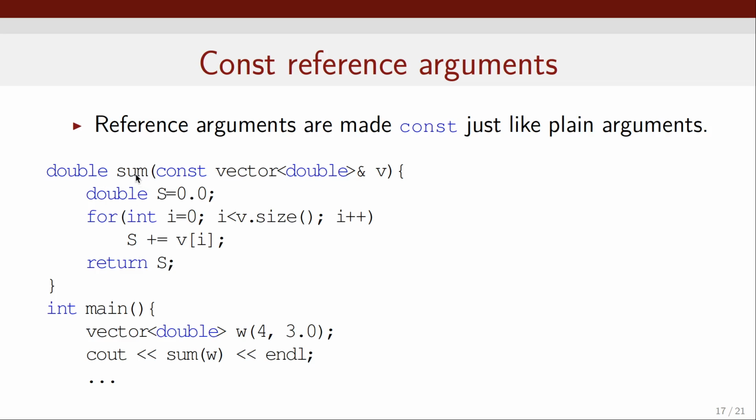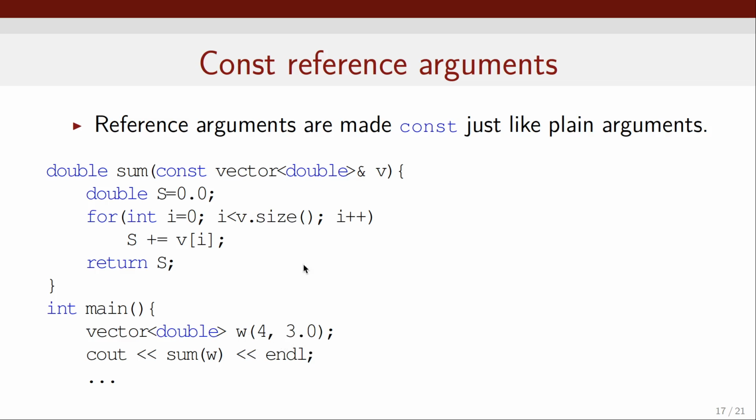So this is an improvement of the function I showed earlier, which calculates the sum of the components of a vector. This function is going to be more efficient when you pass a very large vector to it. It's not going to make a copy of the vector like it did before.